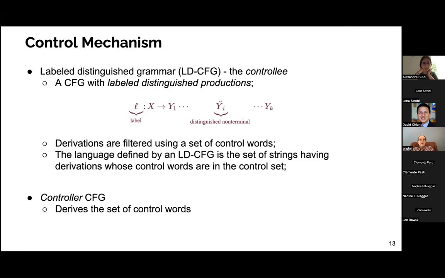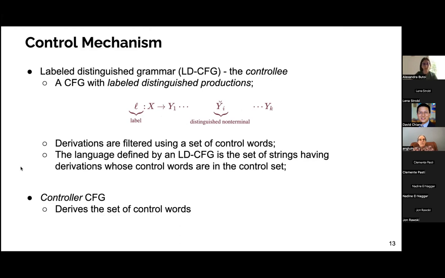So what's an LDCFG? It's actually very simple. It is only a context-free grammar that has label distinguished productions. And what that means is that each production has a label, and on each right-hand side, you can have at most one distinguished non-terminal, which is marked like this, like Y_i.